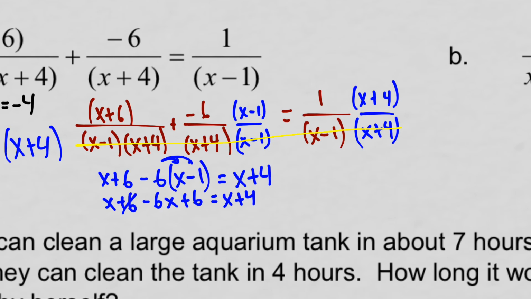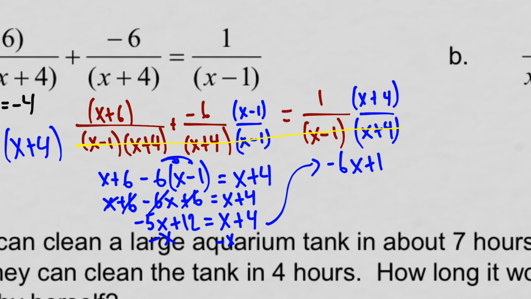The 6 and the 6 together make 12. The x and the -6x make -5x. So -5x plus 12 equals x plus 4. Let's keep it going over here. I'm going to subtract x from both sides. Subtract x. That's going to be -6x plus 12 equals 4.